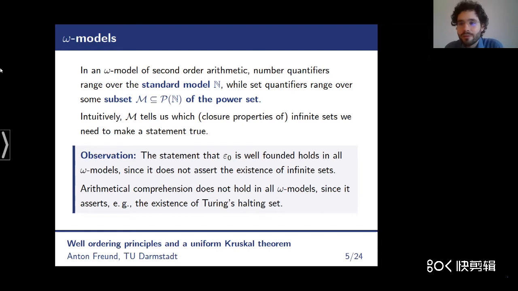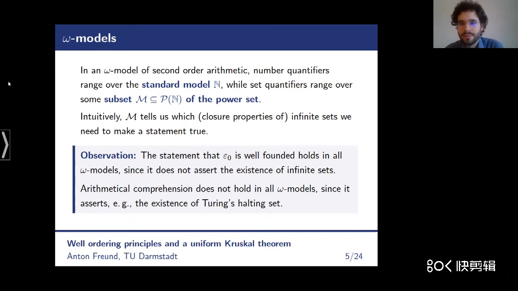But on the level of the infinite objects, you don't necessarily take the full power set, you don't take all subsets of the natural numbers, but you take some subset of the power set. And this subset of the power set is then what gives your omega model. And intuitively speaking, the idea is that this collection M, the subset of the power set, tells us which infinite sets we need to make a statement true.